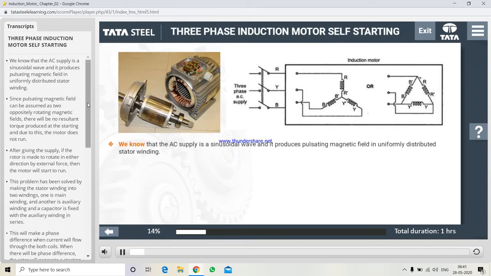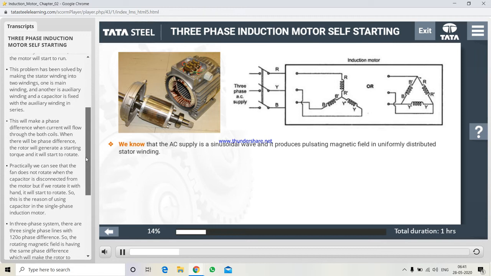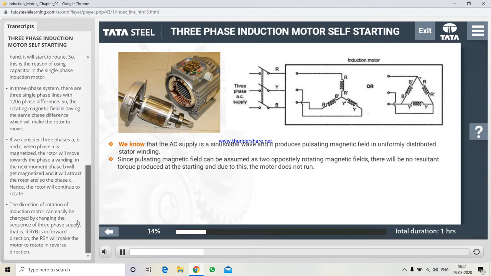We know that the AC supply is a sinusoidal wave and it produces pulsating magnetic field in uniformly distributed stator winding. Since pulsating magnetic field can be assumed as two oppositely rotating magnetic fields, there will be no resultant torque produced at the starting, and due to this, the motor does not run. After giving the supply, if the rotor is made to rotate in either direction by external force, then the motor will start to run.